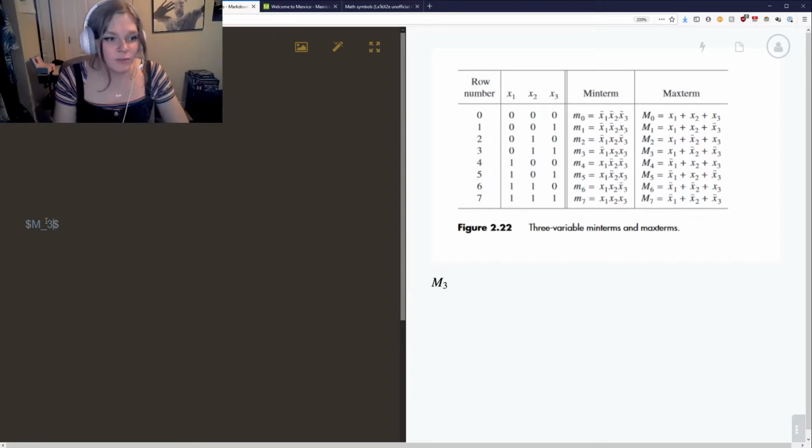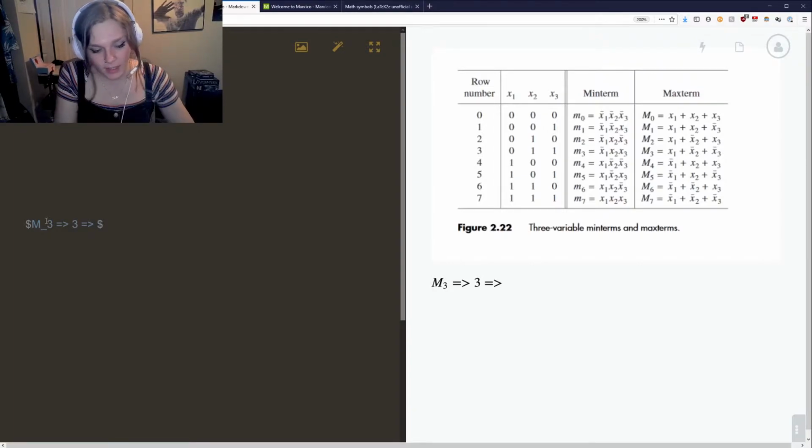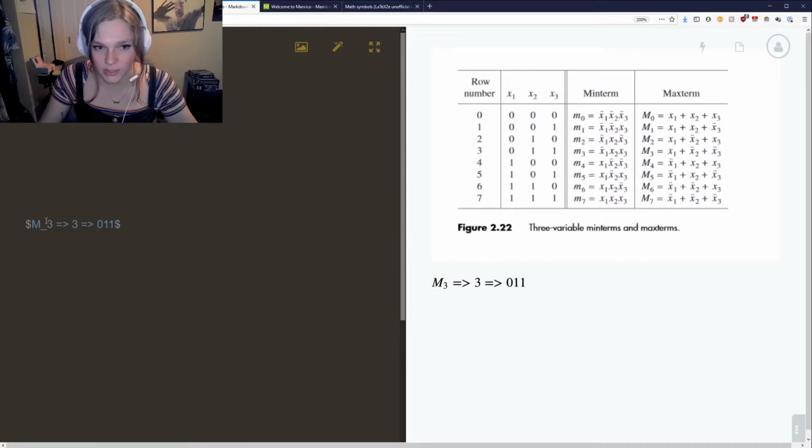What we're going to do is focus on that number 3 and convert it into a binary number. You want it to have as many digits as there are variables in our equation. Since this is a 3 variable system, we are going to make a 3-digit number.